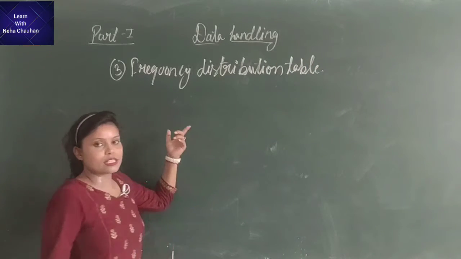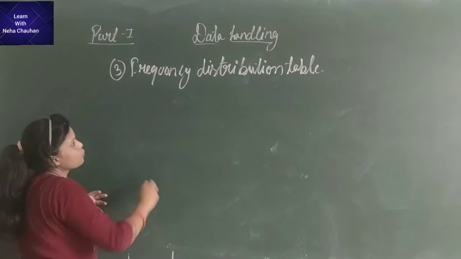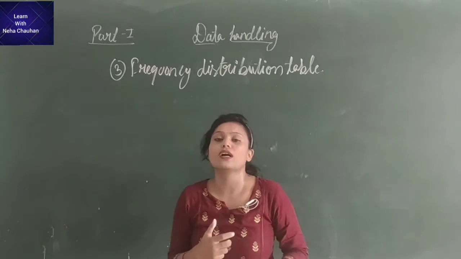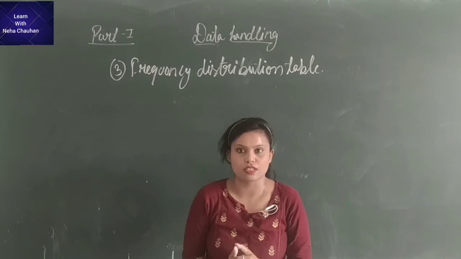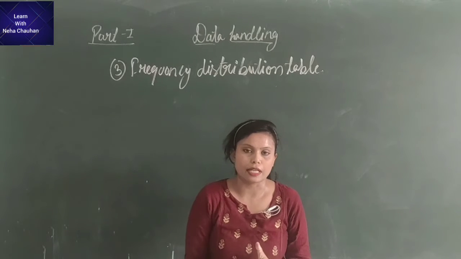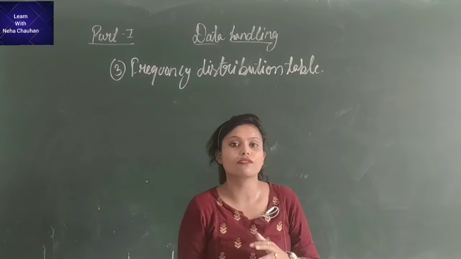For this, let's take an example. Suppose I ask you which subject is your favorite subject. So you will answer differently, but definitely some of you have the same choice.